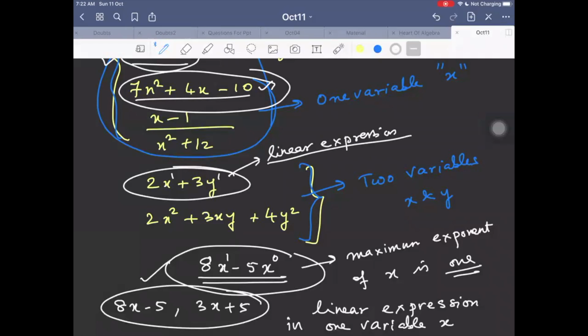Is that okay? And what about this expression? Can somebody tell me the difference between the first one and second one?